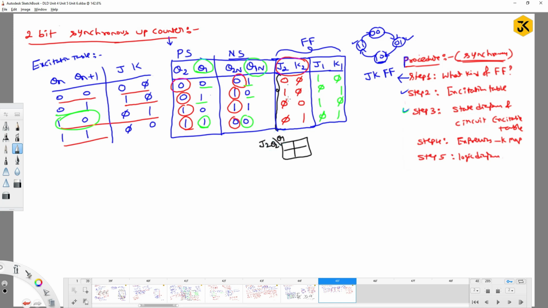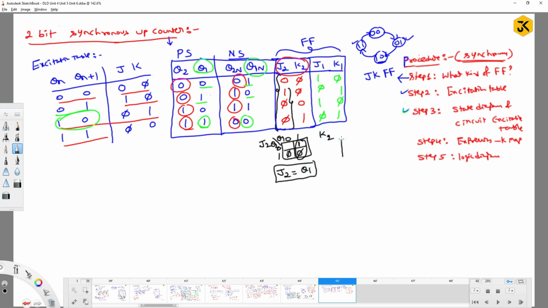For 00 it is 0, so I consider the remaining three. For 01 it should be 1, and the remaining two are don't cares. How can we combine? I can combine these two, and you get J2 equal to Q1.